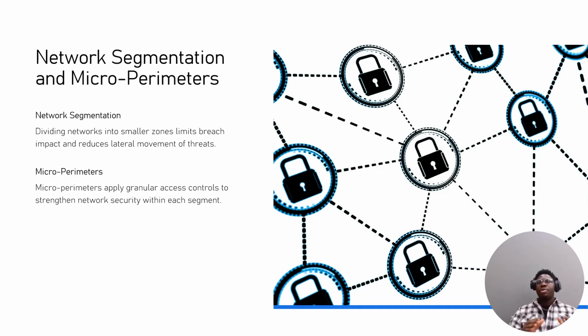So if someone breaks into one room, they only have access to a small portion of the company, not the whole database. So that's the reasoning behind network segmentation. Microperimeter applies granular access control to strengthen network security within each segment.